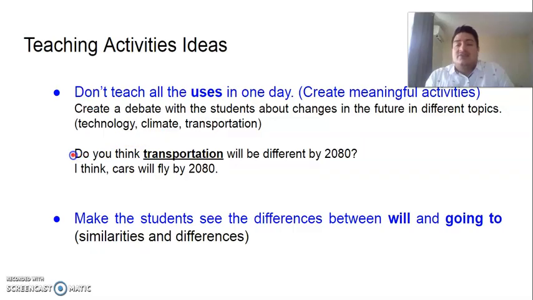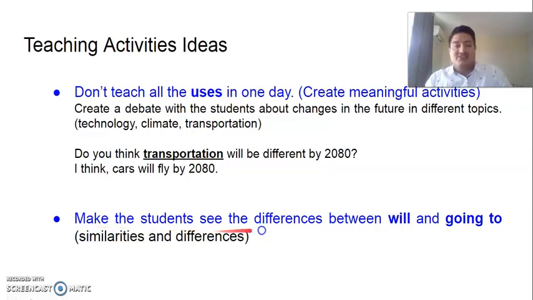And you can ask them, do you think transportation will be different by 2080? And some students will say, I think cars will fly by 2080. So you're practicing predictions here. According to the uses, you can create meaningful activities with the students.